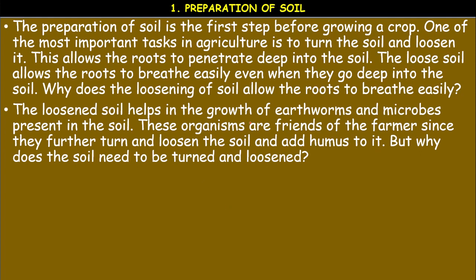The loosened soil helps in the growth of earthworms and microbes present in the soil. These organisms are the friends of the farmer, since they further turn and loosen the soil and add humus to it. But why does the soil need to be turned and loosened?